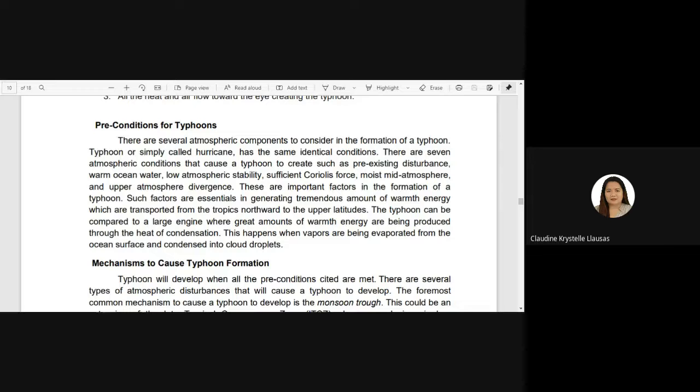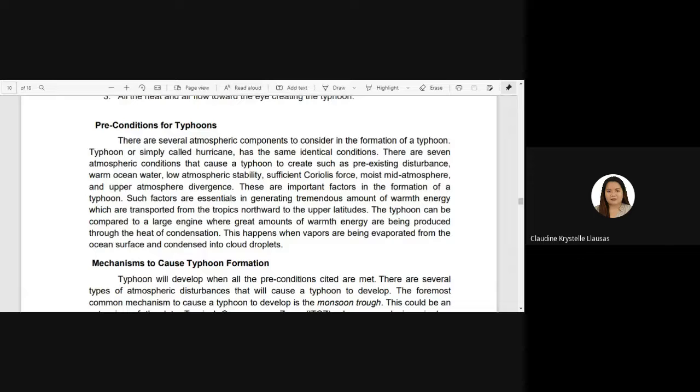There are 7 atmospheric conditions that cause a typhoon to form, such as pre-existing disturbance, warm ocean water, low atmospheric stability, sufficient Coriolis force, moist mid-atmosphere, and upper atmosphere divergence. These are important factors in the formation of a typhoon.